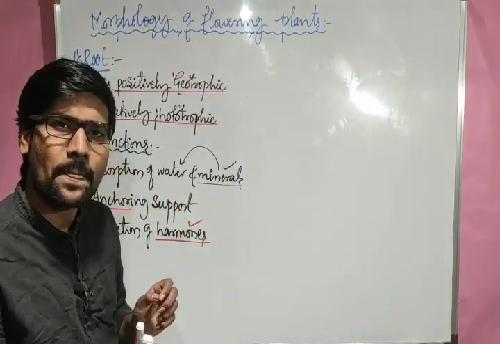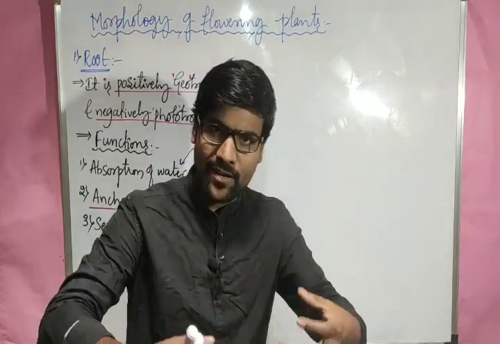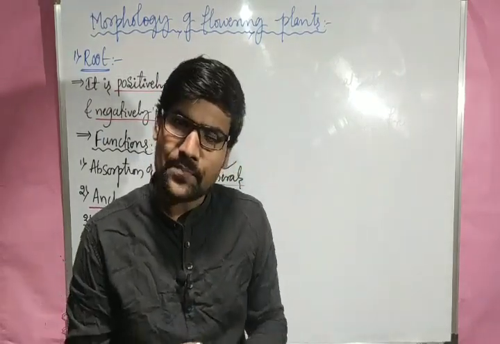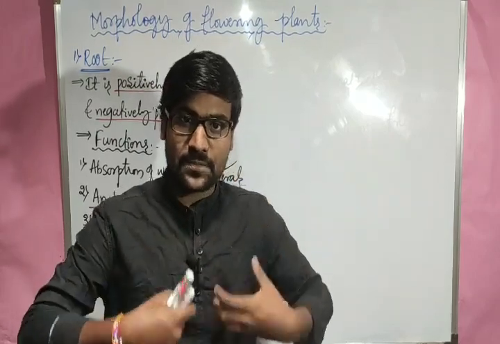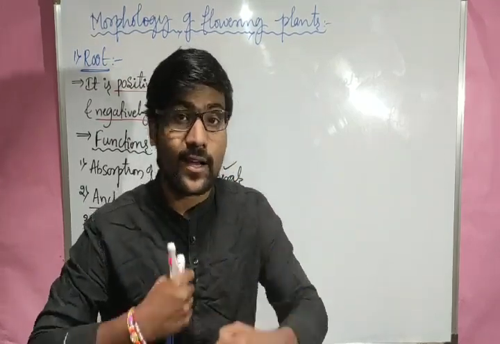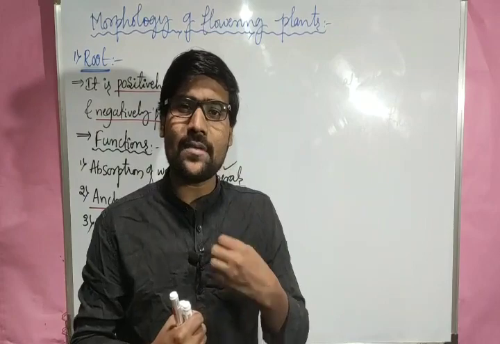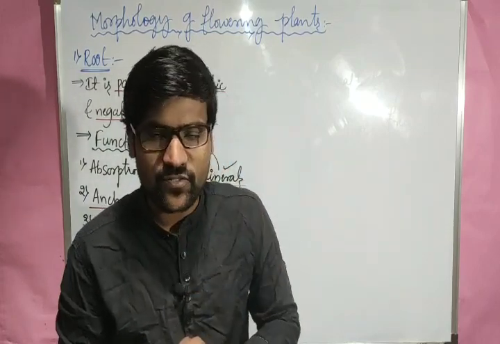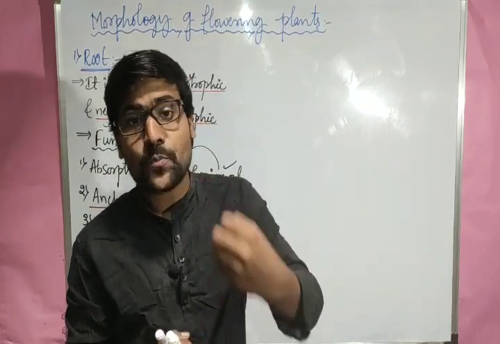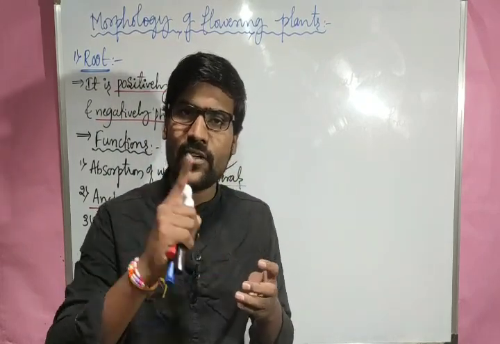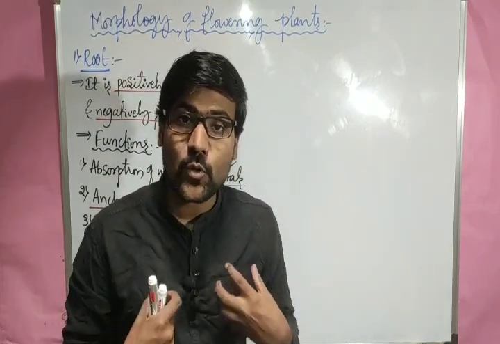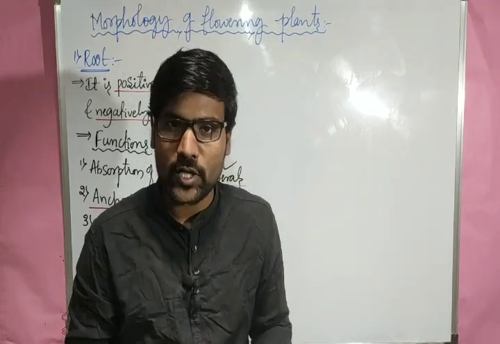Say for example, when we are running very fast, at that time the breathing rate is fast. At the same time the heartbeat rate is also fast. That means the heart is going to beat at a very fast rate. But the heart is one organ, and the lungs are different organs.